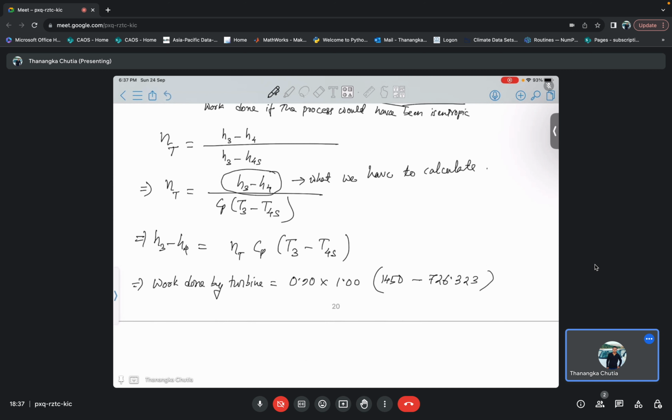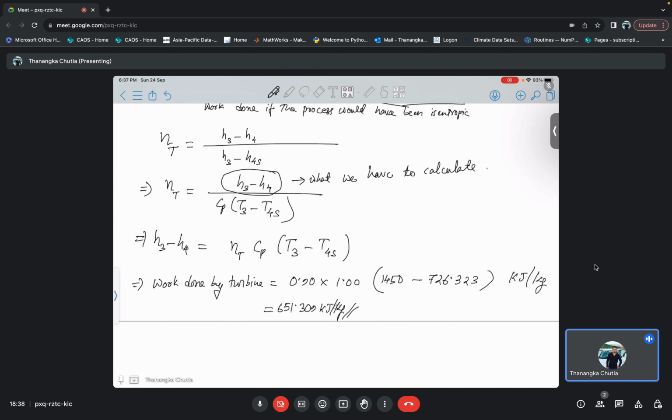This will be in kilojoule per kg. So it is 651.309 kilojoule per kg. Is it done?